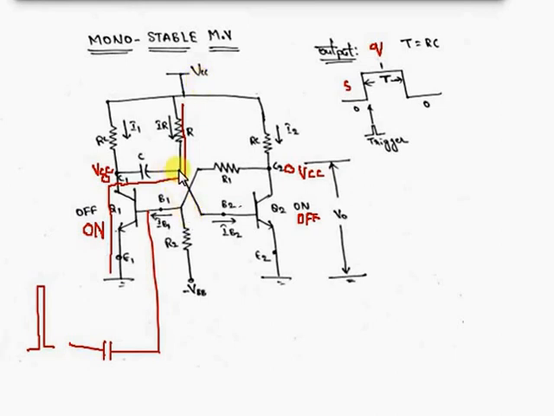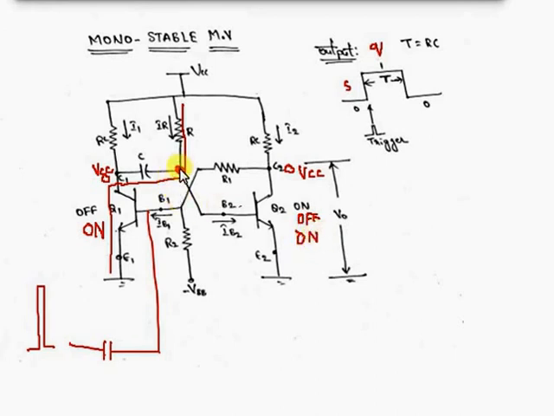The capacitor voltage goes 0, 0.1, 0.2, 0.3 and so on, increasing towards VCC, until the voltage equals the cut-in voltage of transistor Q2, which is enough to change Q2 from off to on.